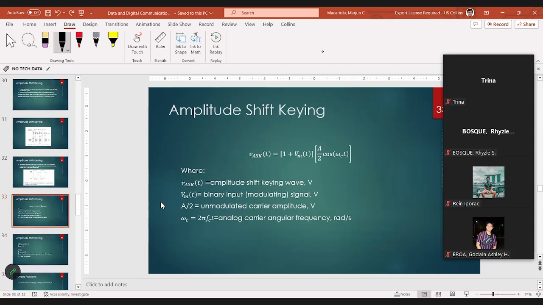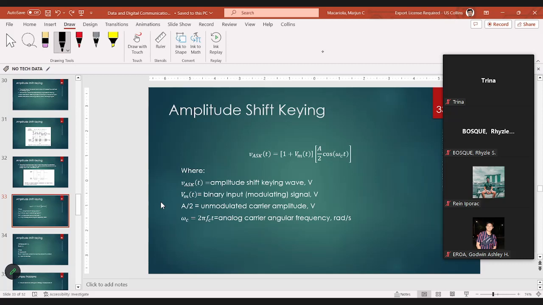Ayun. So in amplitude shift keying, we have a general expression or the general equation which is V_ASK(t) = [1 + Vm(t)] × (A/2) cos(ωc t). Isa-isahin natin. V_ASK is the voltage amplitude shift keying wave, equal daw kay 1 plus Vm(t).